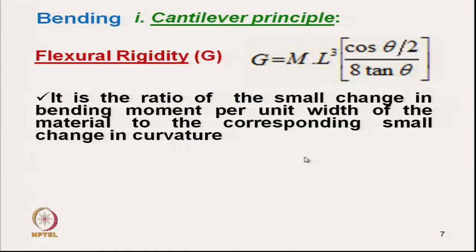It is the ratio of a small change in bending moment per unit width of the material to the corresponding small change in curvature; that is the definition.